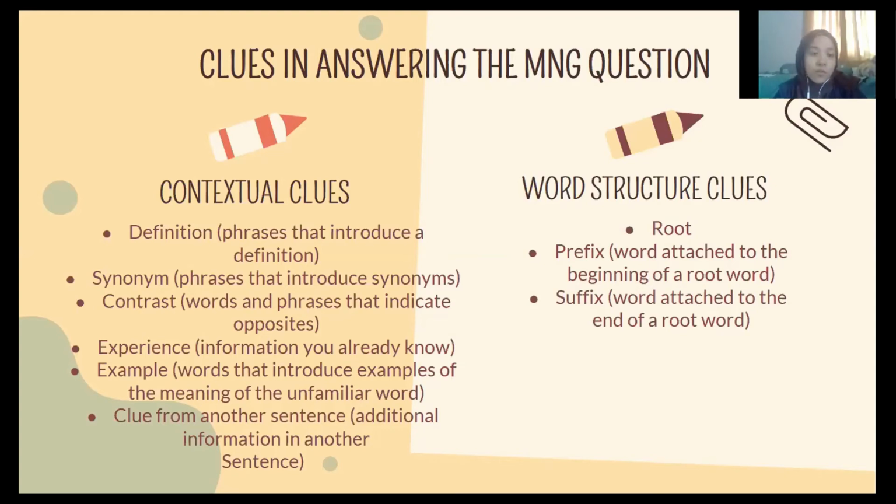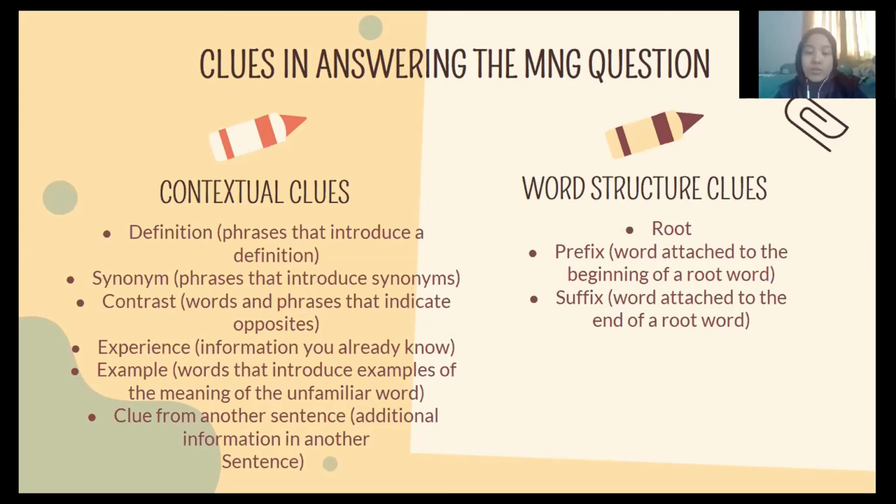For the definition clues, you will know it is a definition clue because of the phrases that introduce the definitions, such as refers to, means, known as, is defined as, and so on.